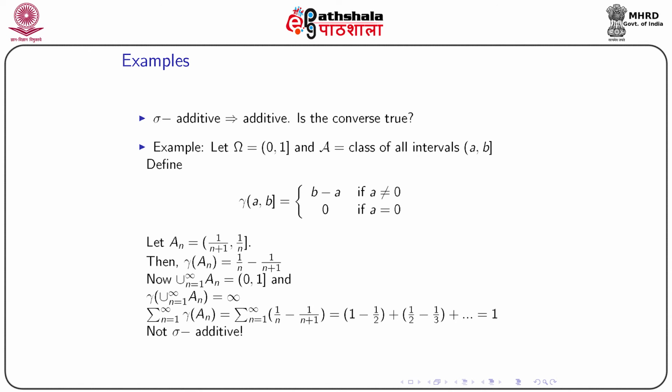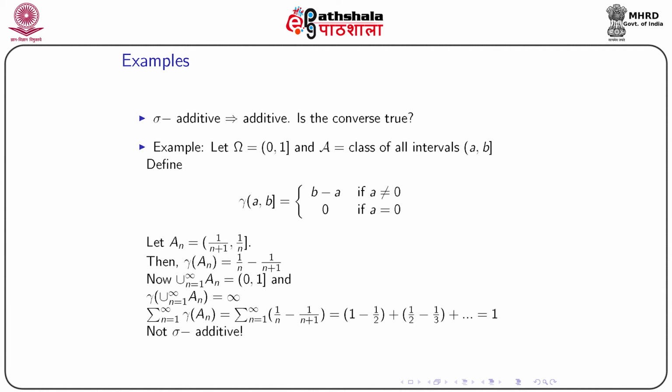The gamma function is defined in such a way that if a is not equal to 0, gamma(A_n) will be the difference, that is 1/n, the b here, minus 1/(n+1), this is a. And now, if I take the union over n from 1 to infinity of A_n, what will I get? If I take the union of all these A_n's, then what I will be getting is the reference set, 0 open, 1 closed.